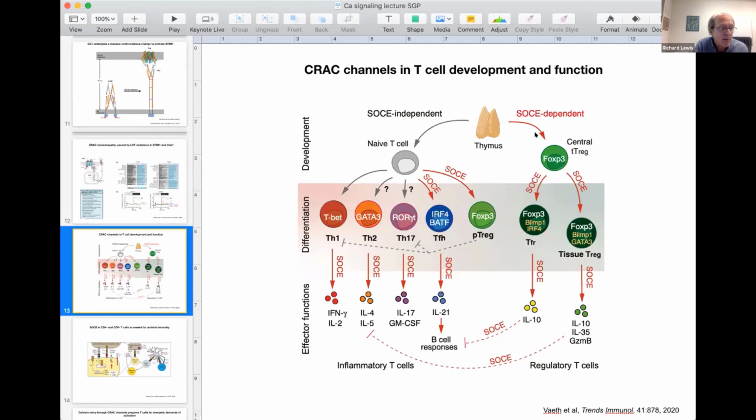And furthermore, the differentiation of these thymus-derived Treg cells into effector regulatory cells in the follicle, where they regulate the germinal center response, as well as tissue-resident Tregs, all requires store-operated calcium entry.